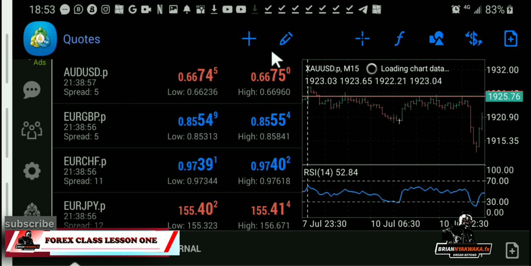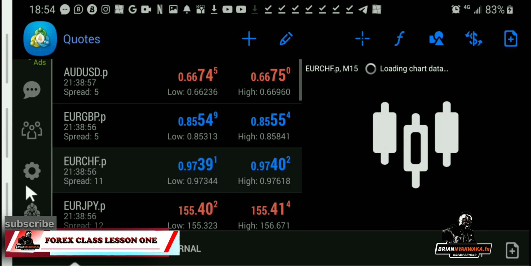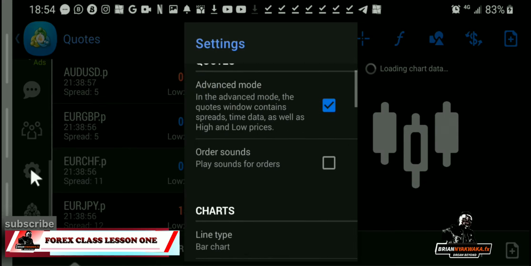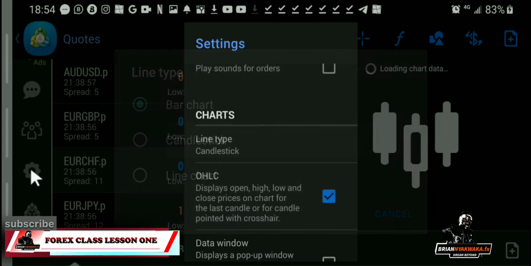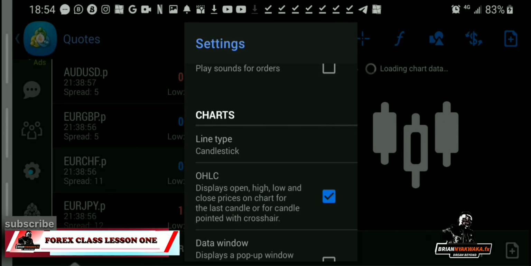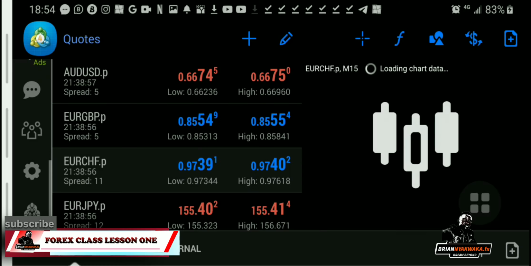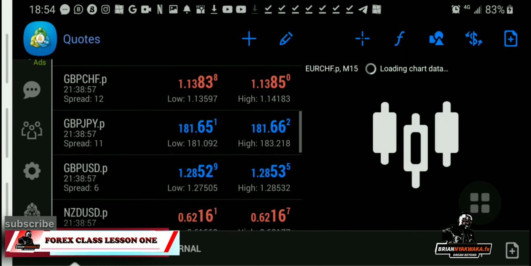So the third and the most important chart, the reason why I'm saying it is the important chart is because it gives us more information as compared to the two charts. So the candlestick chart looks like this.